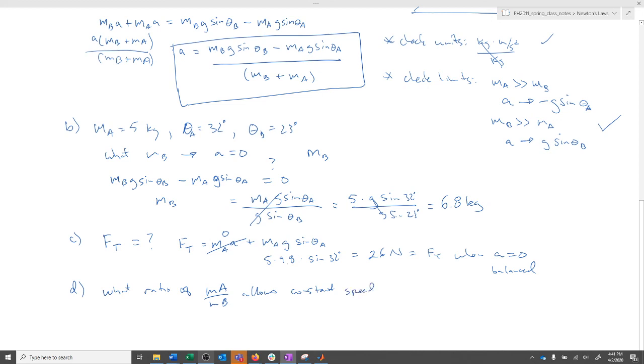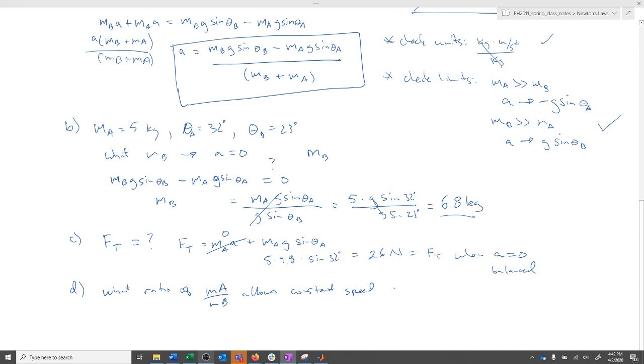Remember, this is not an easy situation to visualize, but we're assuming that there isn't any friction. So if there wasn't any friction, if it's moving, it's going to continue to move. So if it's moving at constant speed, that would mean that the acceleration is also 0. So it's another way of asking us the same situation. And if they want to know MA over MB, we already calculated an MB for a given MA.